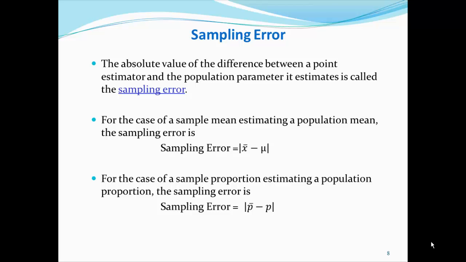For the case of using the sample mean to estimate a population mean, the sampling error is the difference between the sample mean and the population mean. For the case of using the sample proportion to estimate the population proportion, the sampling error is the difference between the sample proportion and the population proportion.